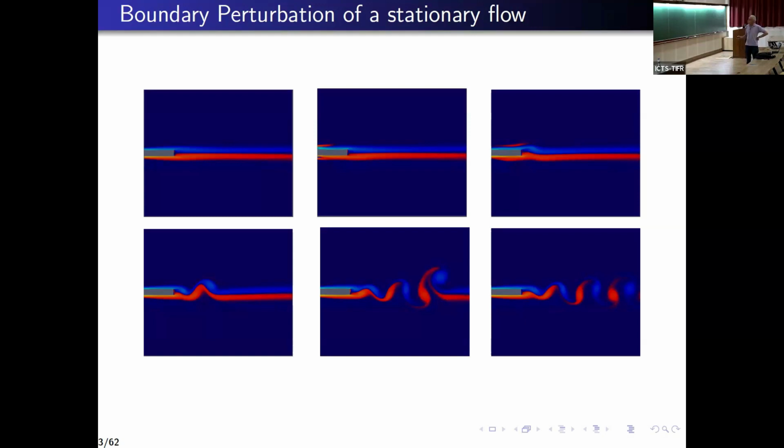This is the case when the control is acting, and this is without control. Without control, we have a continuous shedding of vortices here. But if we use the deformation of the beam here above and below, we are able to fully stabilize the flow. So this is what I'm going to explain from a mathematical viewpoint.